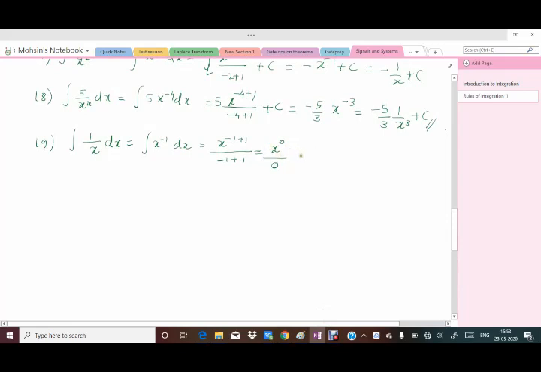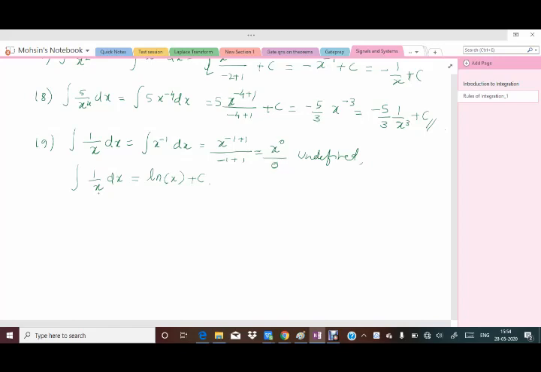Therefore, you need to remember this: if 1 over x dx is given, then its integration will be equal to ln of x, or log of x, plus c. So if just 1 divided by x raised to 1 is given, its integration will be ln of x only. You will not be using any other simplification method for that. You need to remember that it's just that particular term.